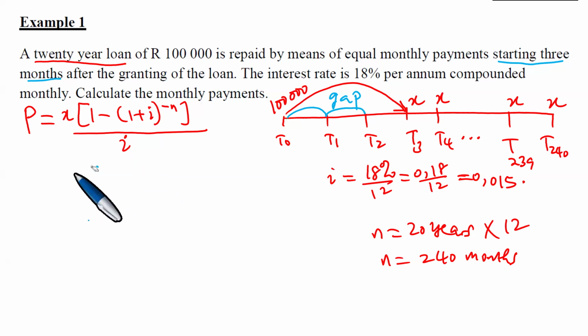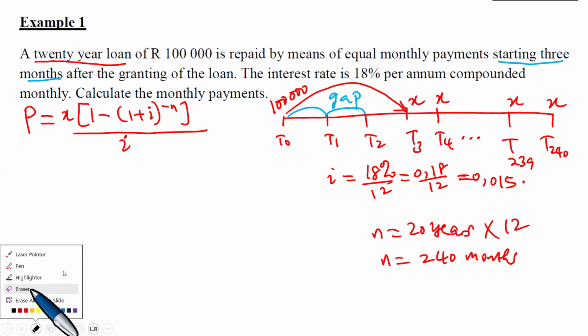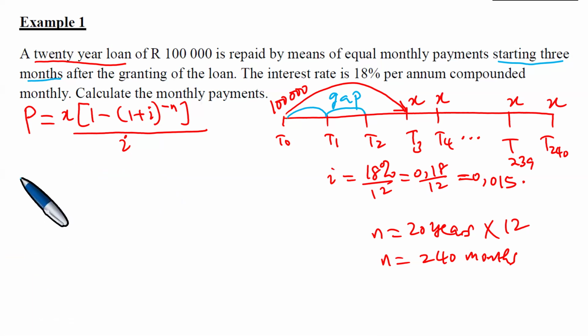Exactly 2. Okay, let us see what to do here. Some of the questions you're going to do, because I have tons of problems that you're going to solve. But some of them you're going to participate in, because I'm still laying the foundation, and some of the things you might be seeing for the first time. So you start with the 100,000 using the appreciation formula, 1 plus 0.015, 2 months forward.